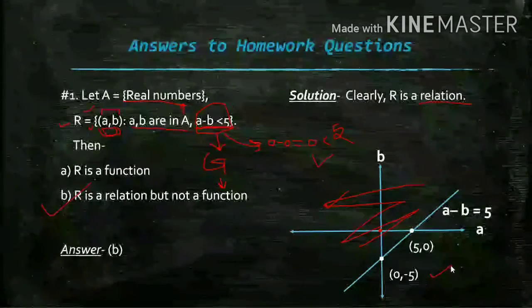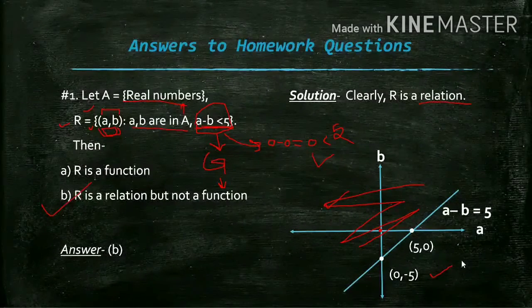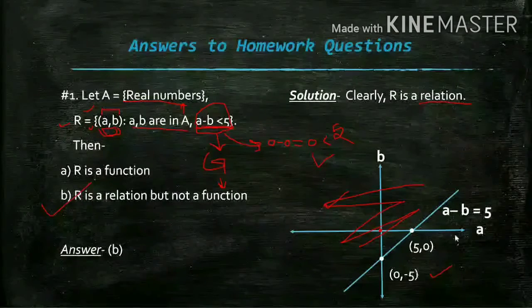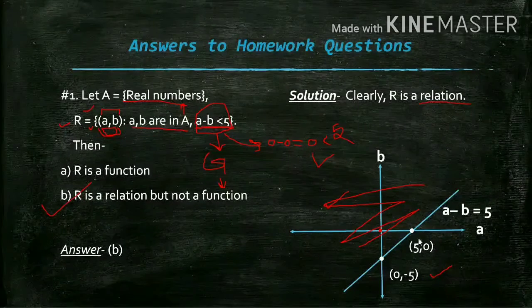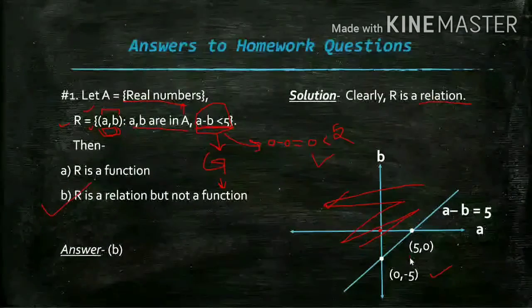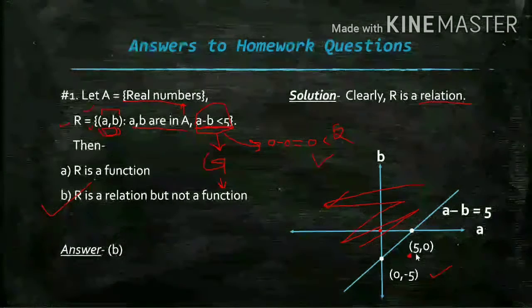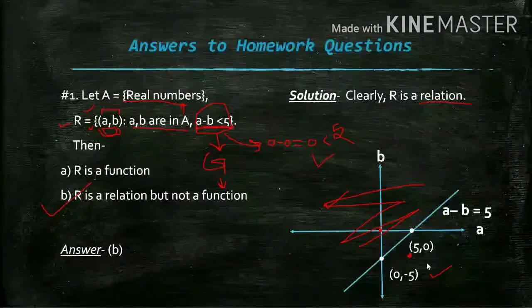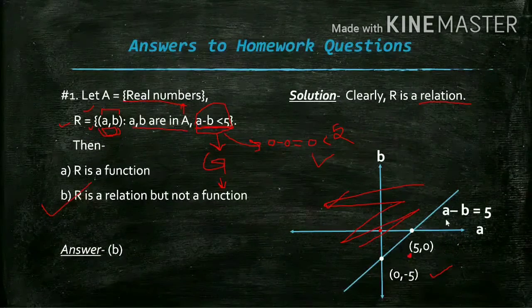Now in order to see why it can't be the region below, let me pick any point among this whole region, in order to look whether it satisfies this inequality or not. So if I take this point, it is basically (5, -5). It is lying below this line a minus b equal to 5.